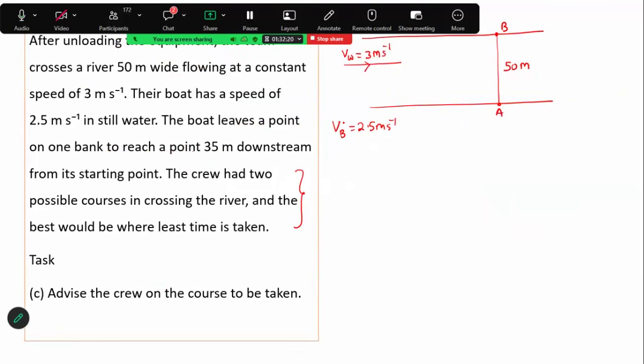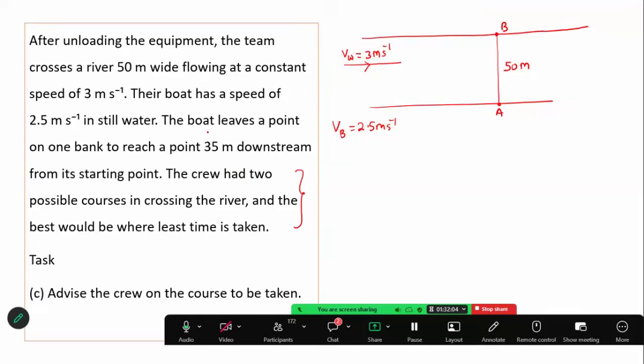You don't know whether you are going to use this approach or this side, because there are 2 cases here. Now you ask yourself, where can I place the 35 meters downstream from its starting point?